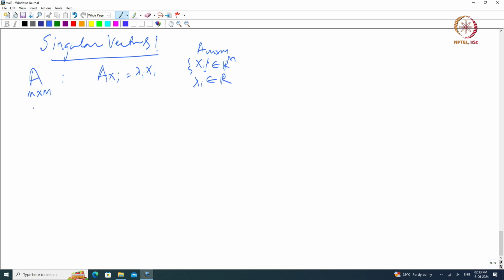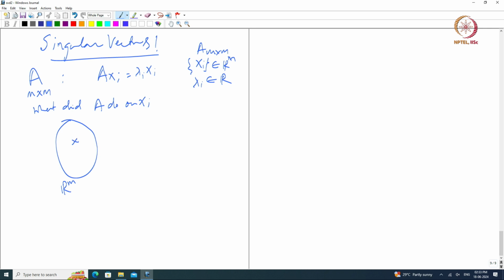So, what did A do on xi, that is, when you operate A on xi, what does it do? This is in the Rm space. A by definition operates on xi.